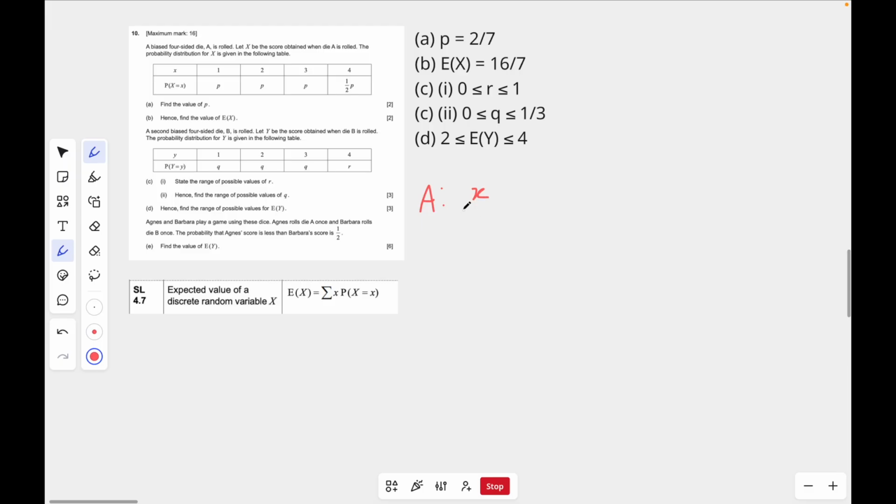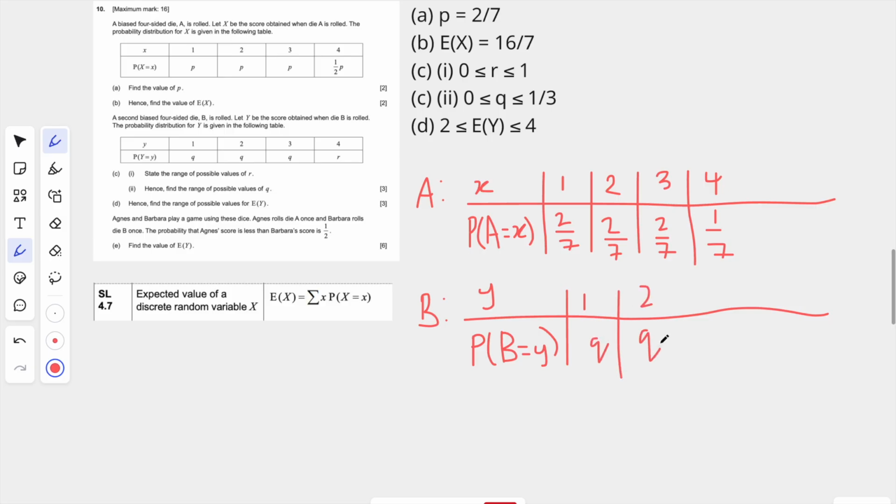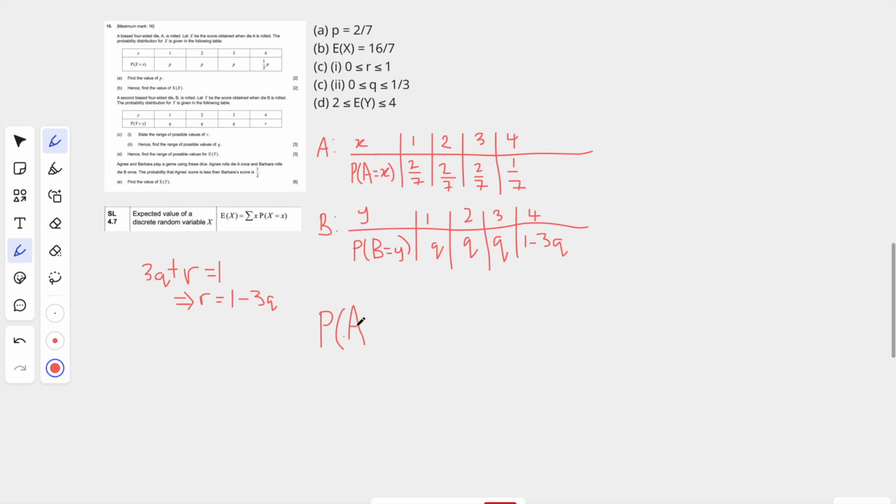Okay, so the first step is to understand the probability distributions we have for both players. Agnes's probability distribution table looks like this, and Barbara's probability distribution table looks like this. We can use the information that the probability that Agnes's score is less than Barbara's is 1 over 2 to determine the expected value of Y. We can compute this probability as the probability of Agnes's score multiplied with the probability that Barbara's score is larger than Agnes's, and sum up all the possible scenarios this can occur.